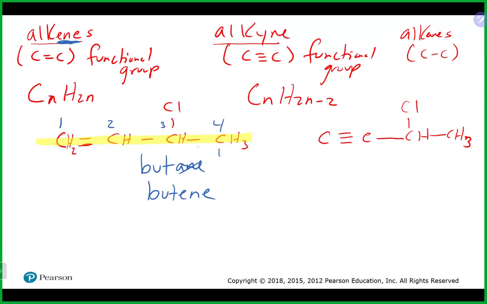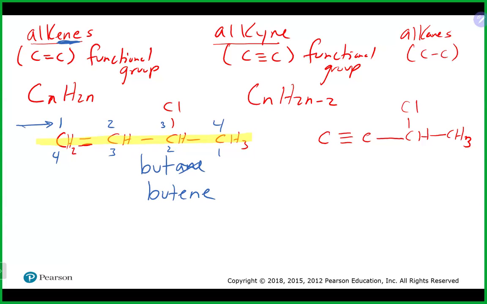If I go right to left, that's not good. I need to go in this direction because the double bond takes the priority here, and I need to get it to the smallest. Also different is, if you remember, organic chemistry naming is all about telling people where things are located.